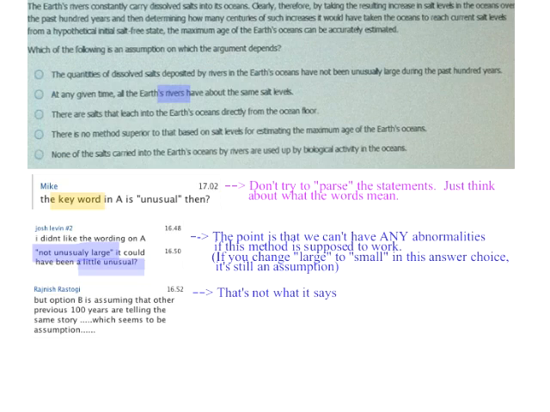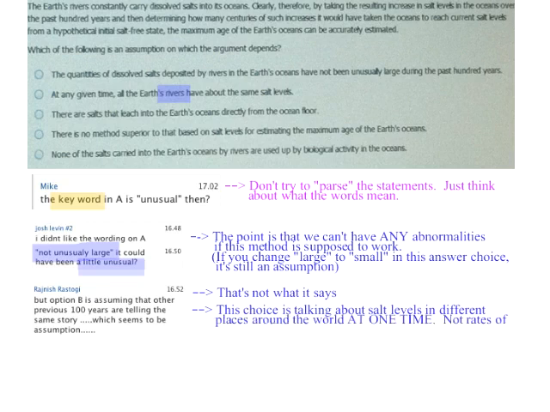And even if it were talking about oceans, it's still not an issue, because this choice is talking about salt levels in different places around the world at any one time, not rates. There's no changes going on here at all. It's just if you took a static measurement around the world, then it would be the same. We don't care because again, it's the ocean. It's not the rivers. It's the ocean.